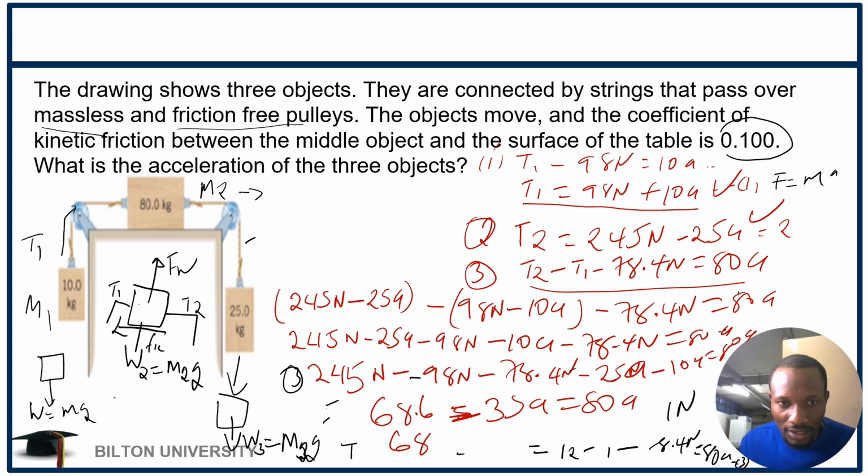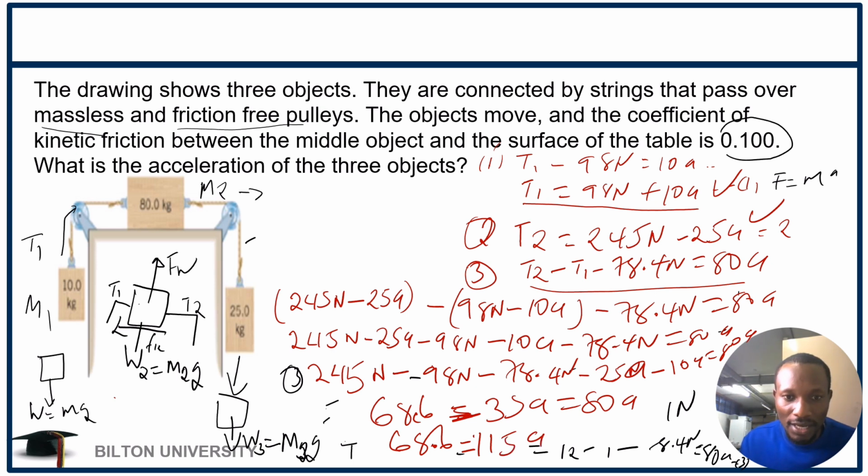Because the 35A is a minus, when it crosses to the other side it becomes a positive, so we have positive 115A.